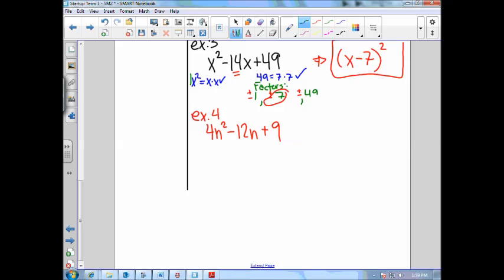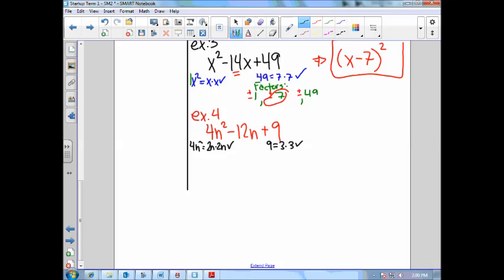Because what's the square root of 4? 2, and the square root of n squared is n. So 4n squared equals 2n times 2n. That works, because those are equal to each other. And we know 9 is a perfect square because 3 times 3. Same process, we just have a number in front.